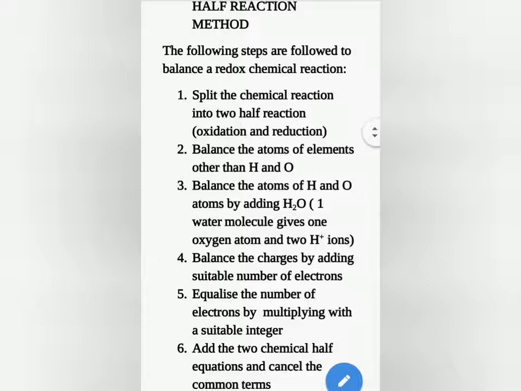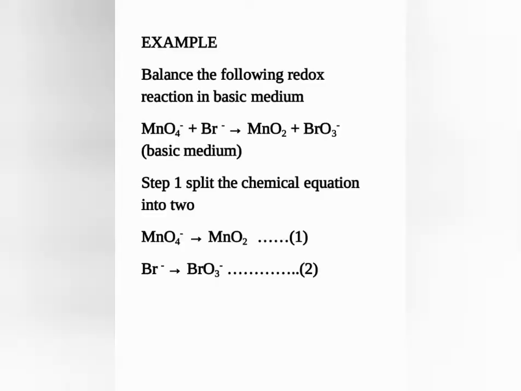So the first method has 6 steps. Once again, what are the simple steps? Split the chemical equation, balance the atoms other than hydrogen and oxygen, balance the hydrogen and oxygen atoms by adding a suitable number of water molecules, balance the charges by adding a suitable number of electrons, equalize the number of electrons on both equations and add the two chemical equations, and cancel any common terms.